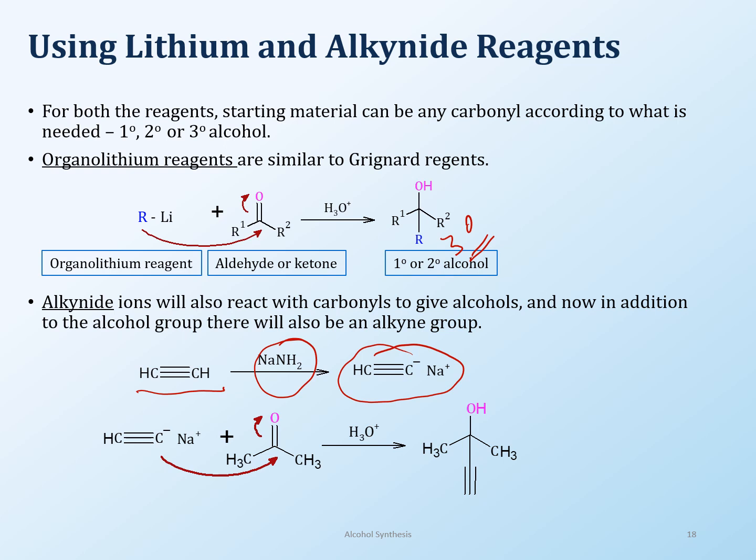You treat that with any kind of a carbonyl, you will get an alcohol, and then you also get this functional group. Kind of looks awkward, but that's what it is. The mechanisms are the same as it is for Grignard. Nothing fancy, nothing different.